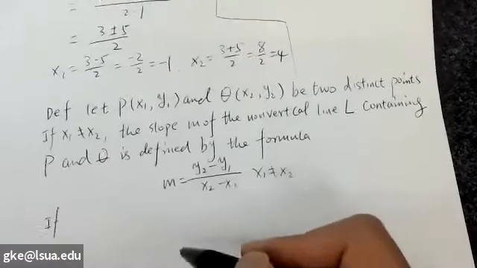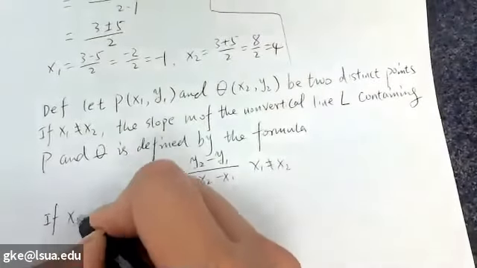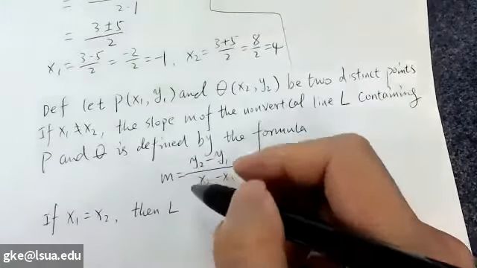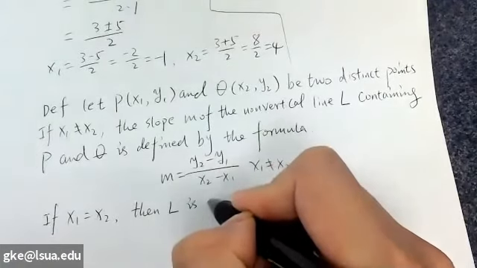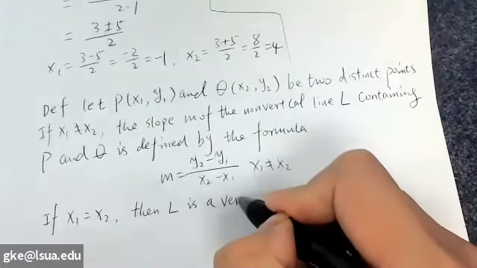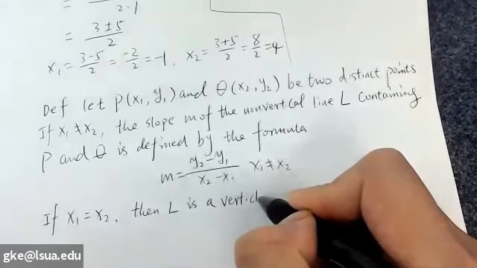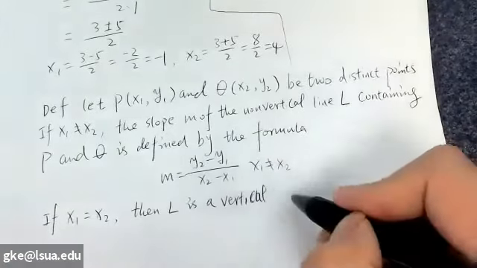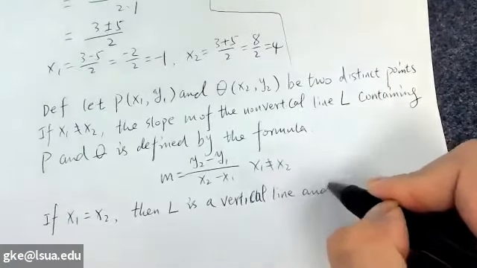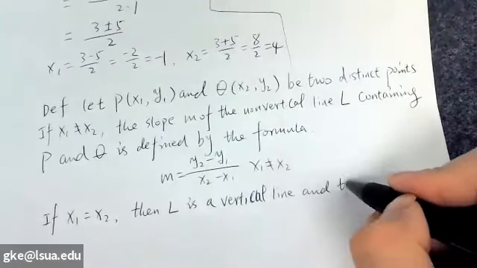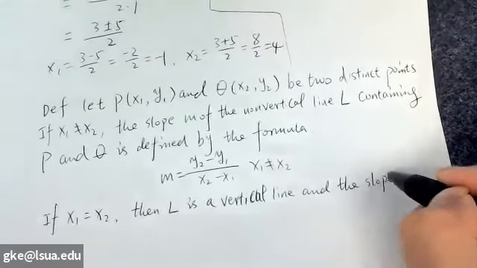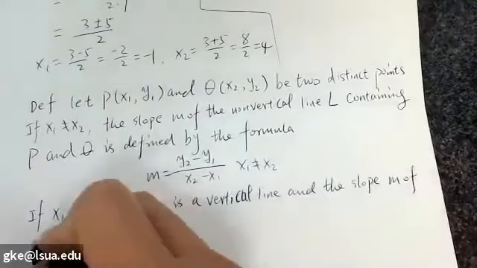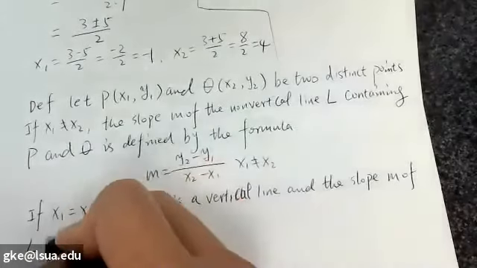If x1 equals x2, then L is a vertical line, and the slope m of L is undefined.